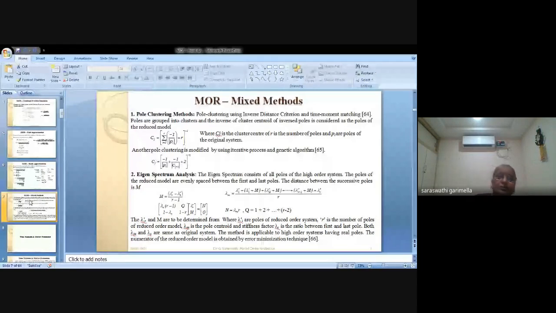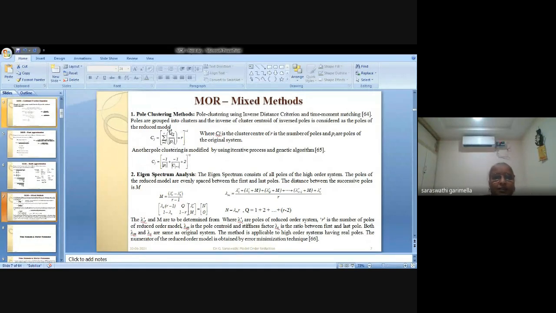For example, the pole clustering method: they found the eigenvalues, and those eigenvalues were formed into clusters based on an inverse distance criterion. They made clusters, and the centroid of each cluster was taken as the reduced model pole. In that way, he calculated.